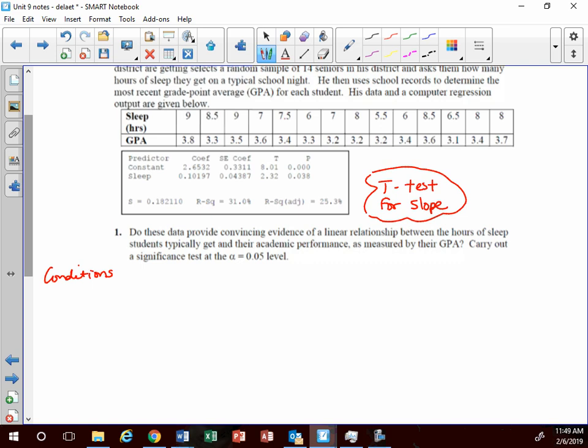Everyone's going to have one. So if you look at the last one, I'll show you where that is.